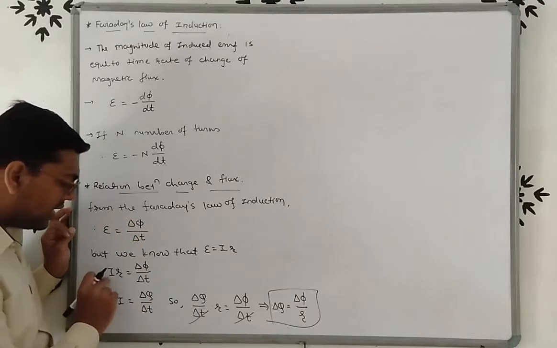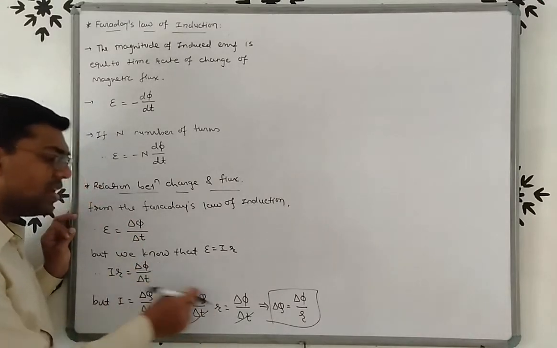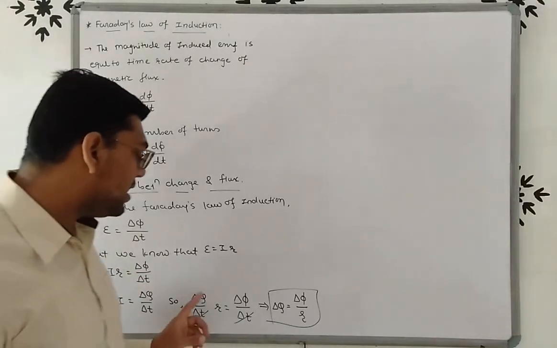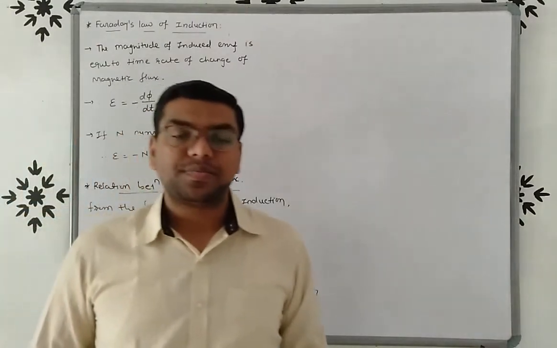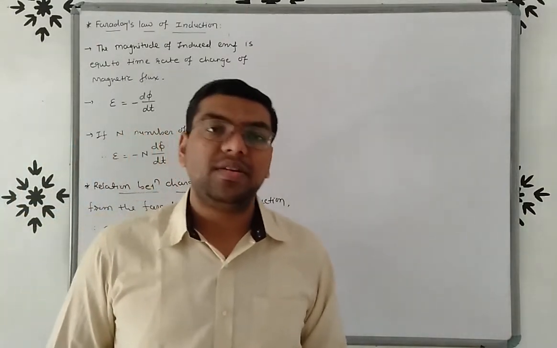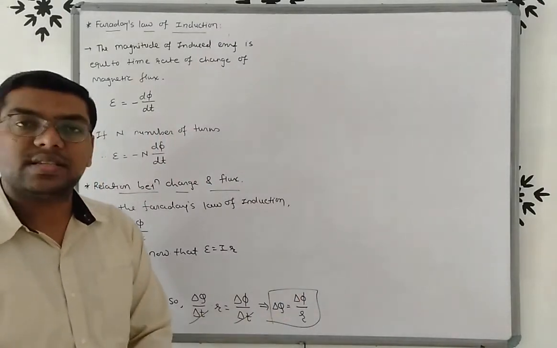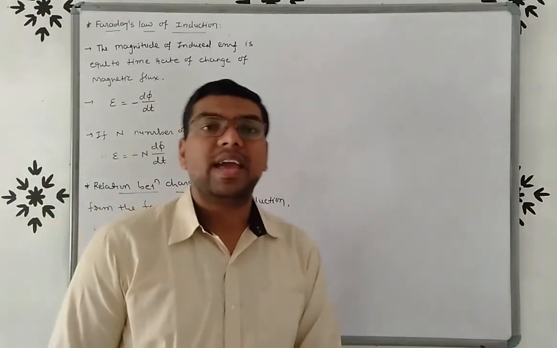So instead of I, delta Q by delta t into R equals delta phi by delta t. Delta t cancels, so delta Q equals delta phi by R. So the relation between charge and flux is delta Q equals delta phi by R.